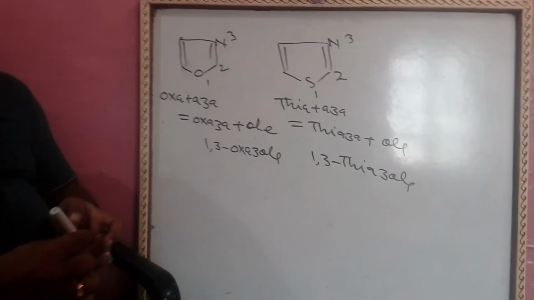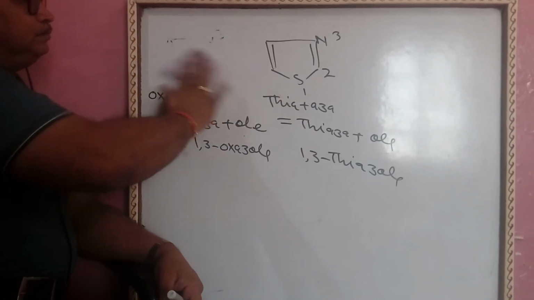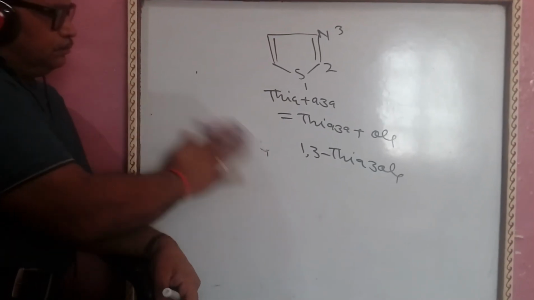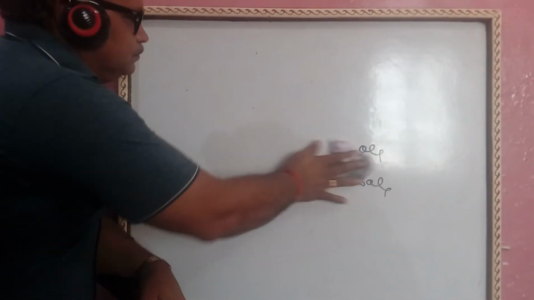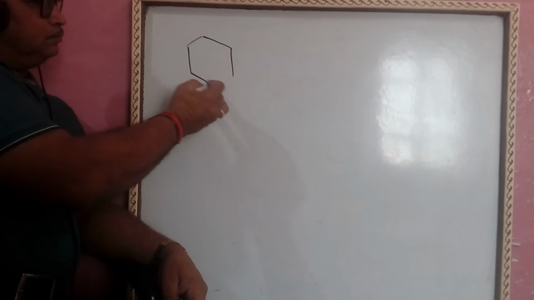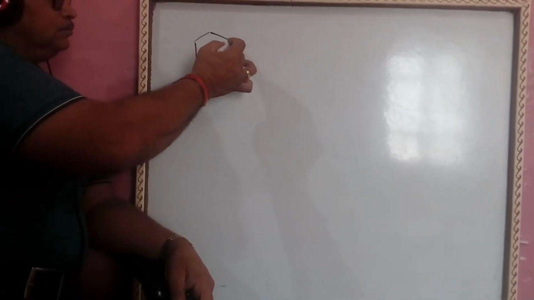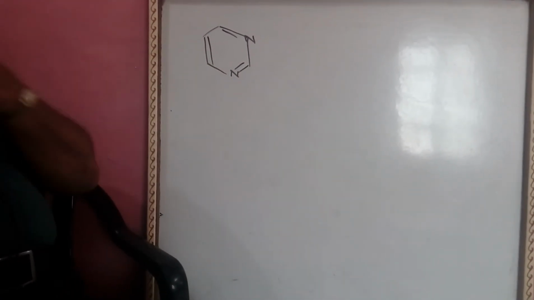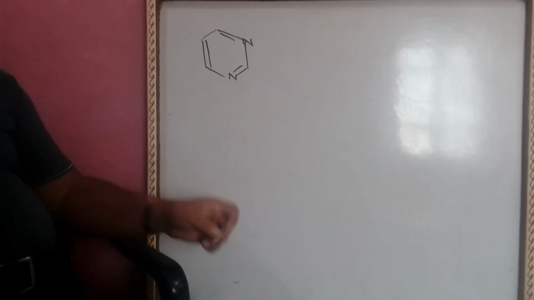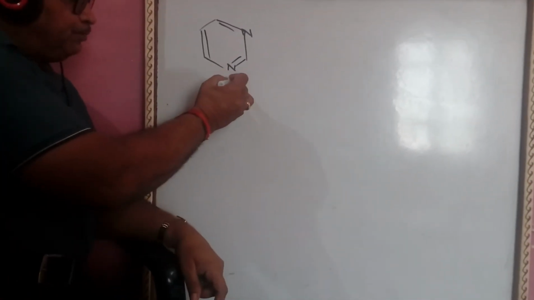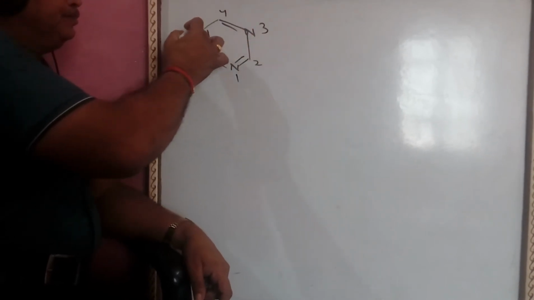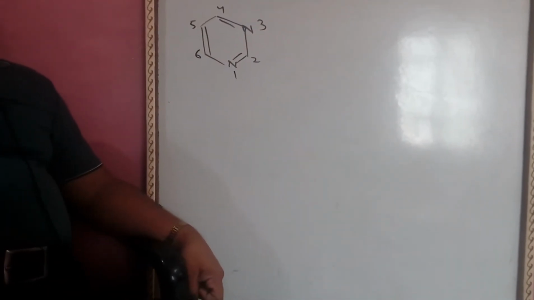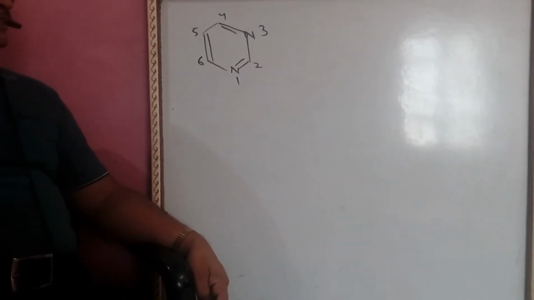Another example. So you can see in this compound there are two heteroatoms, nitrogen, which are present at position number 1 and 3, and the ring is unsaturated and 6 membered.